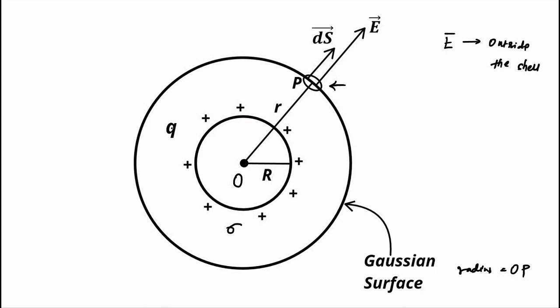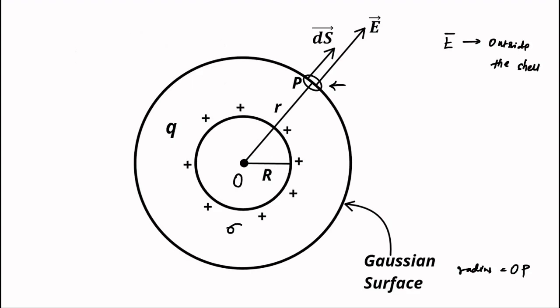So we'll apply Gauss law. Here Gauss law states that the surface integral of the electric field vector and the area element vector is equal to the total charge enclosed by the spherical Gaussian surface divided by absolute permittivity.